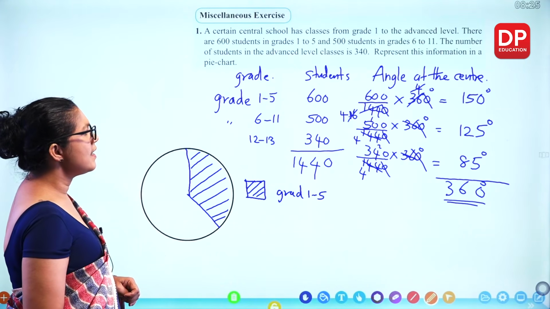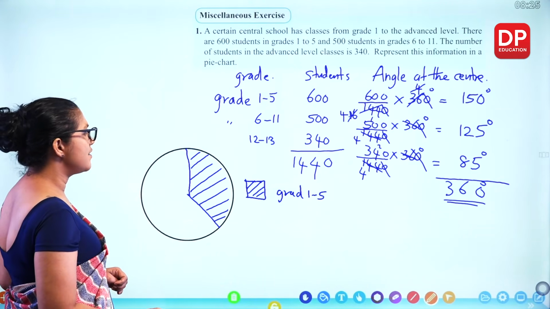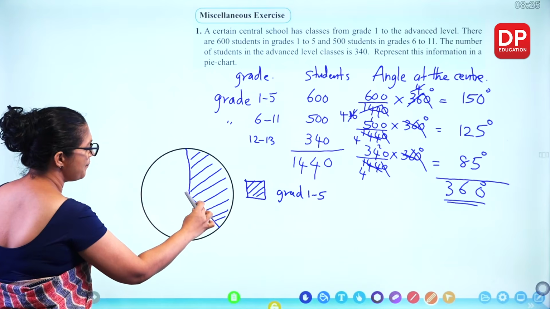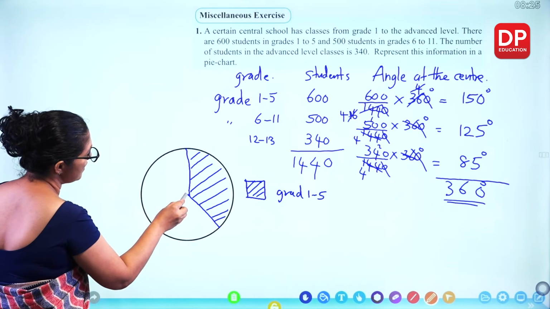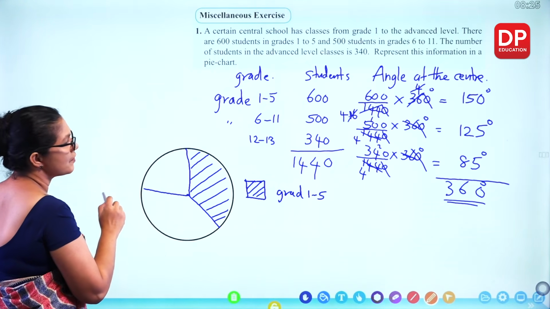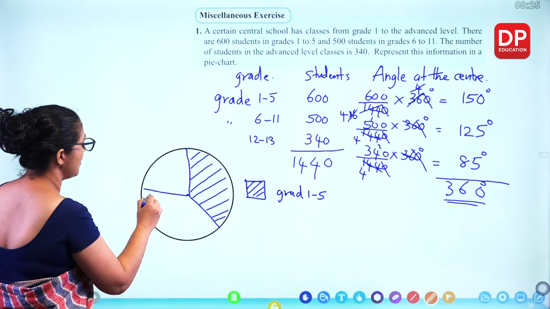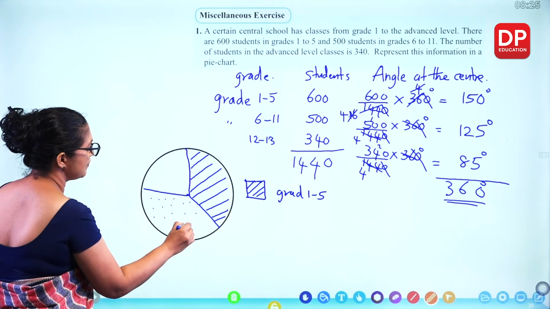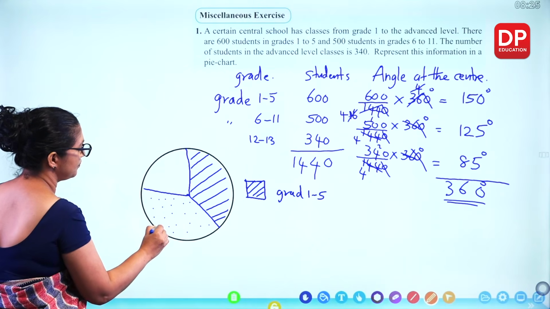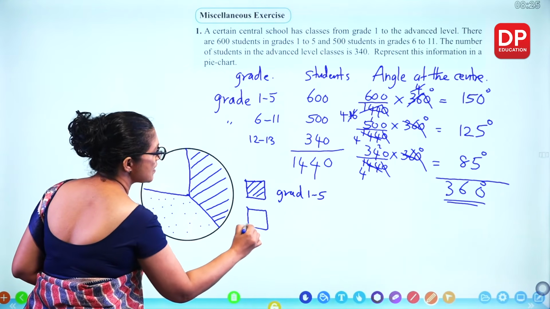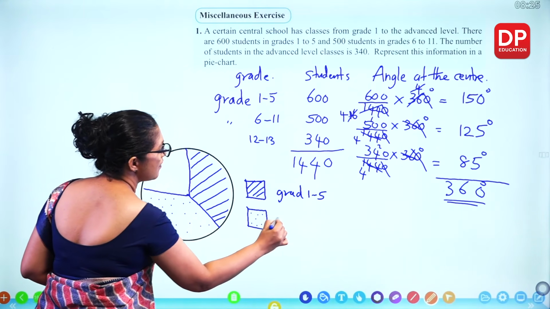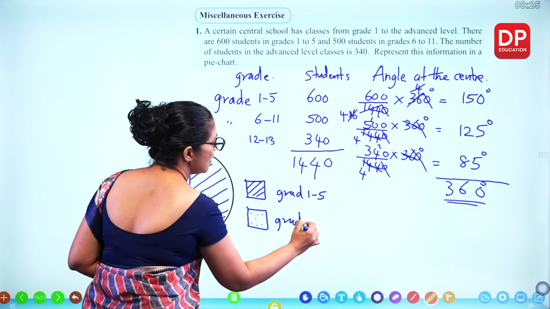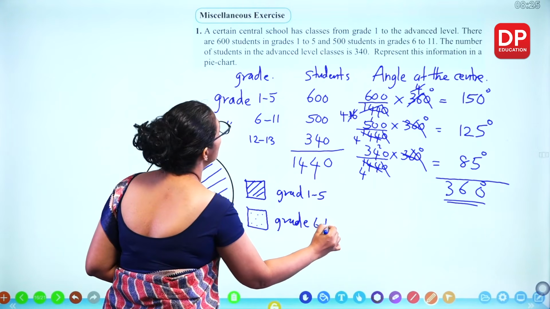Grade 6 to 11, 125 degrees. So from here, 125 degrees somewhere there. So I can put another symbol. I'll put dots like this. And that represents grade 6 to 11.